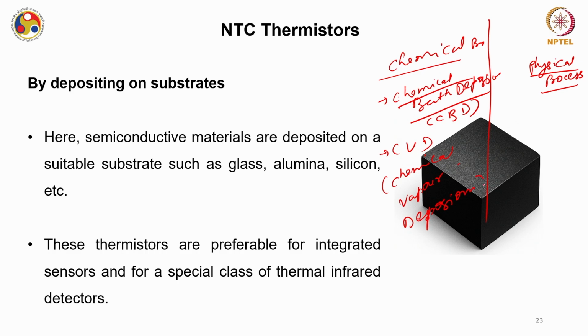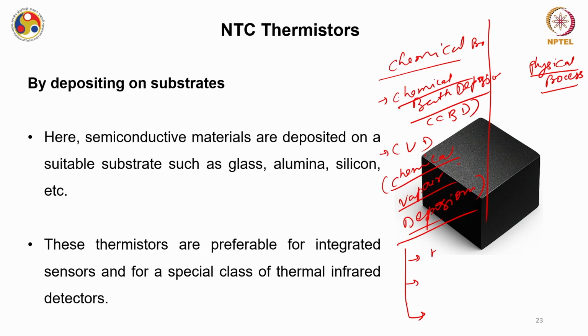So usually chemical vapor deposition techniques are used for developing this NTC thermistor, where the semiconducting materials are deposited on a suitable substrate. CVD can be of various types depending on the precursors used and the heating method used.